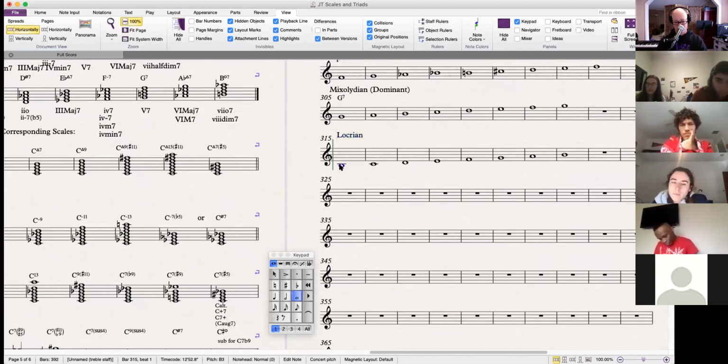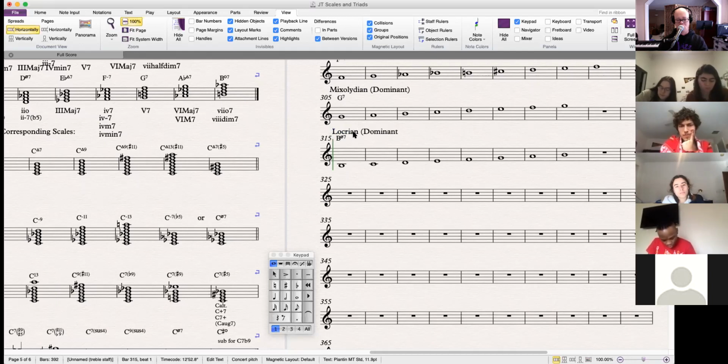So this chord symbol, B half diminished 7. We use this as a dominant chord because we saw that half diminished belongs to the dominant family.